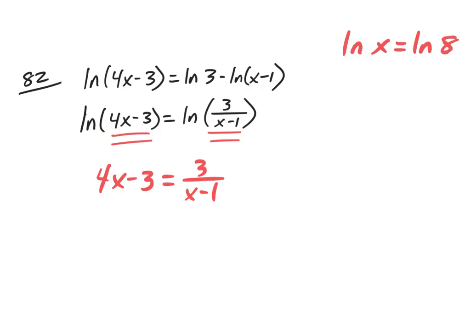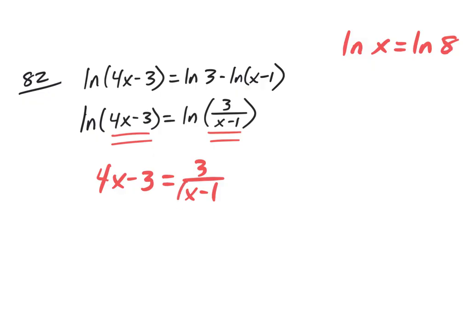What would be next? Okay. And so what would maybe be a good step to do that? Get x by itself, since I have x's on both sides. Times by 3 on the right. You're on the right track. Multiply by the denominator. Okay. And I'm going to multiply by the denominator on both sides.